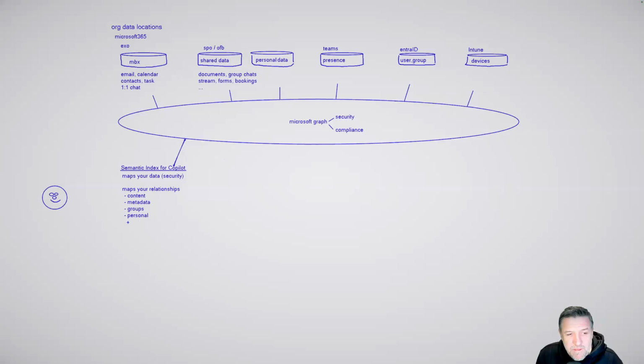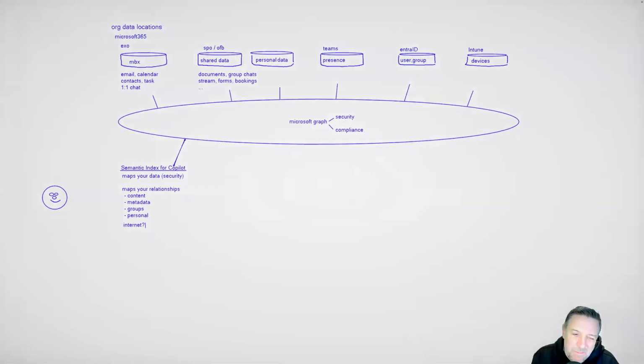There is one thing that we can allow to be part of the semantic index or not, and that is we have an option to allow or disallow data from the internet to be part of it. So if I am querying Copilot for things, if I want Copilot to find something for me, then we have an option to allow or disallow information from the internet to be part of the results.